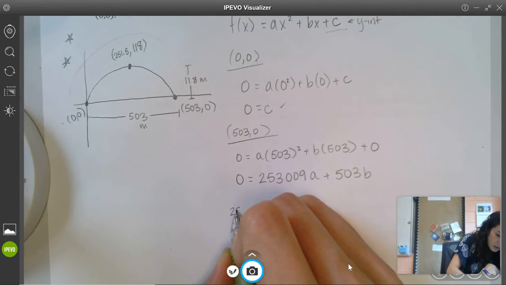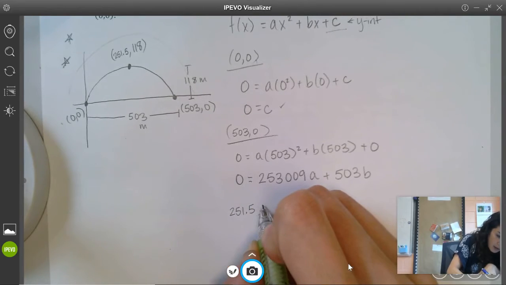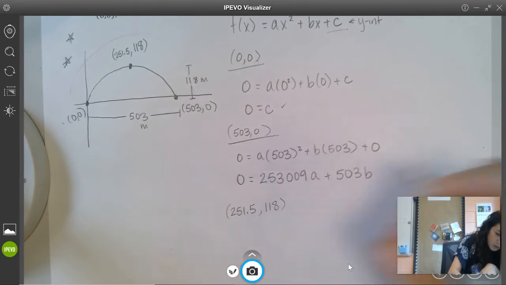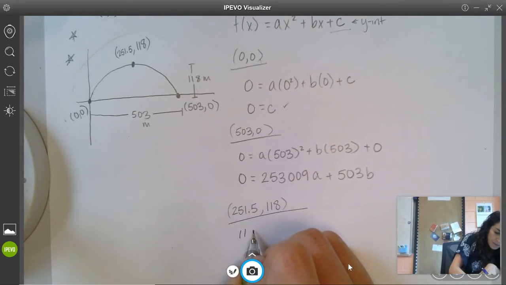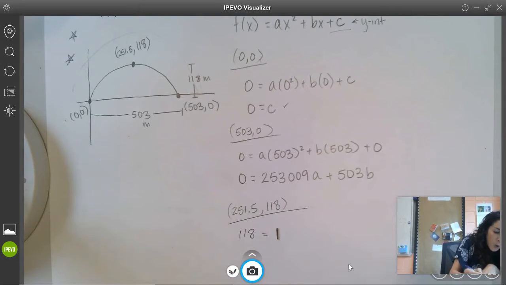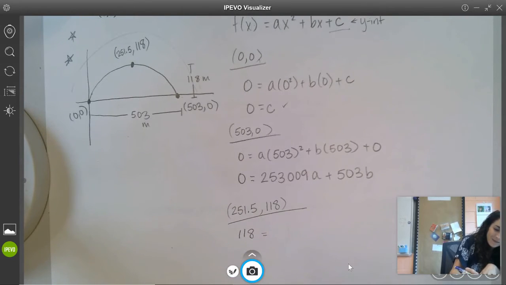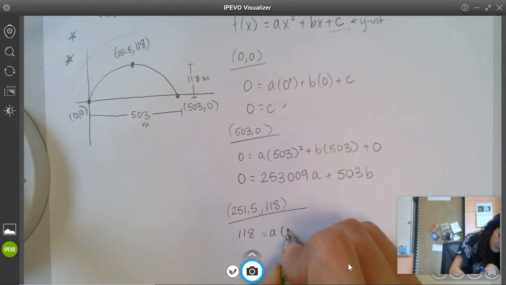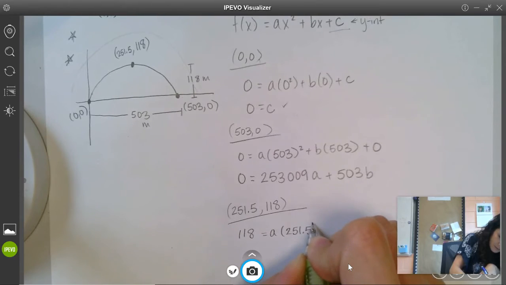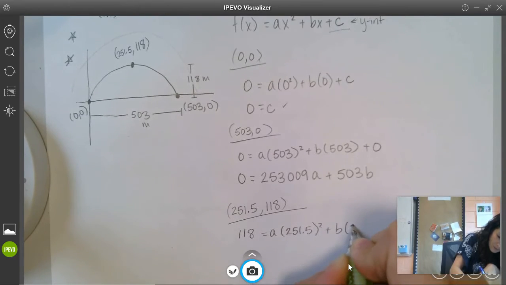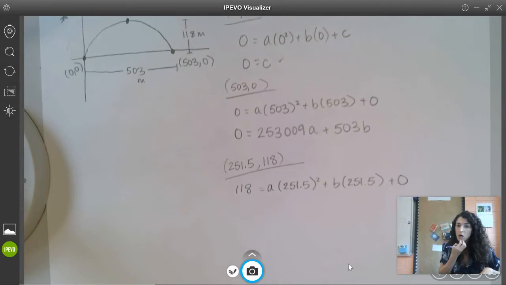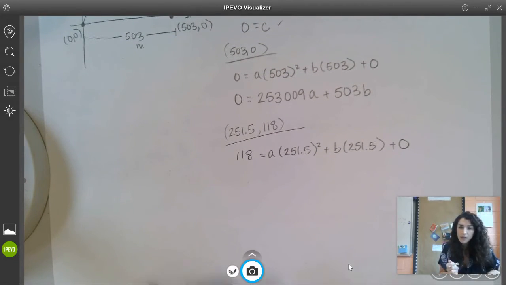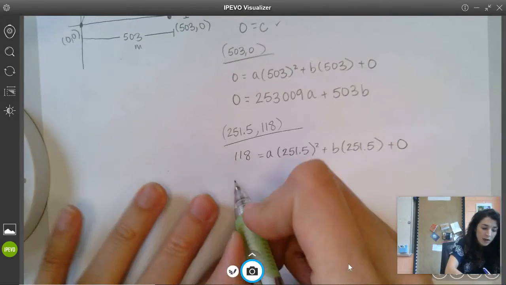That's 251.5, 118. You end up getting a pretty long decimal, I think, if I remember correctly, for this guy squared, but that's fine.